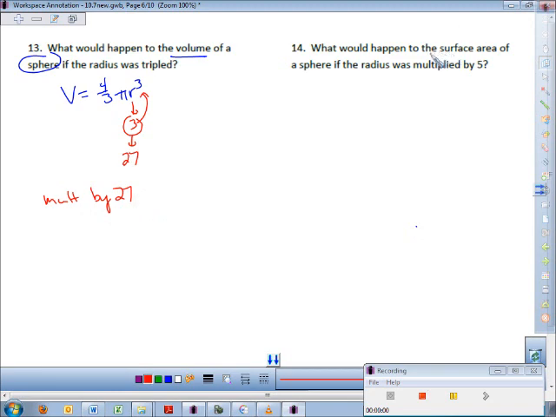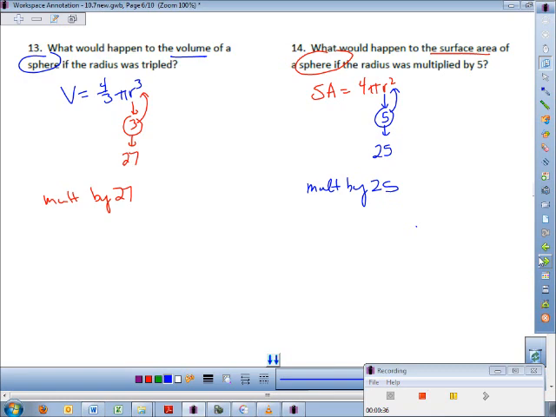What would happen to the surface area of a sphere? So surface area of a sphere is 4 pi r squared if the radius was multiplied by 5. So 5's got to get squared, and what shoots out of there is a 25. So multiplied by 25.